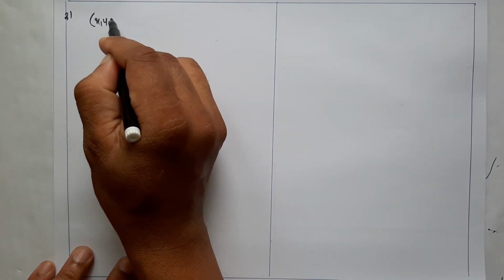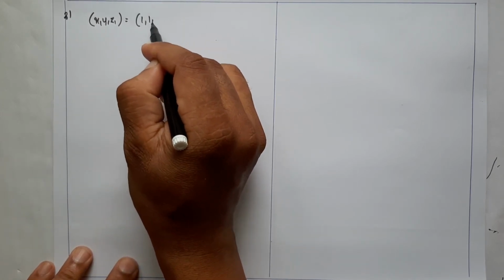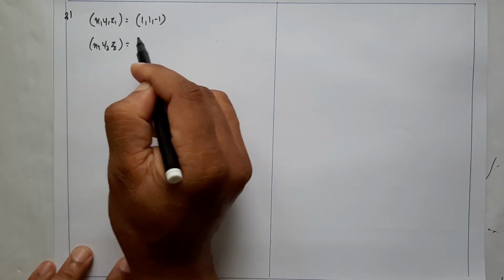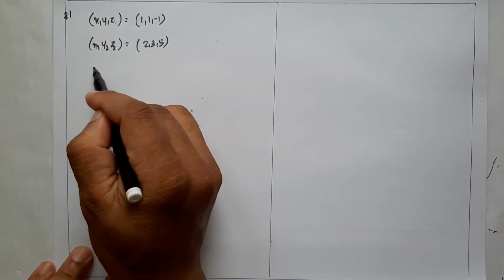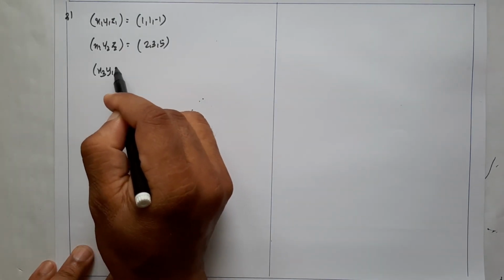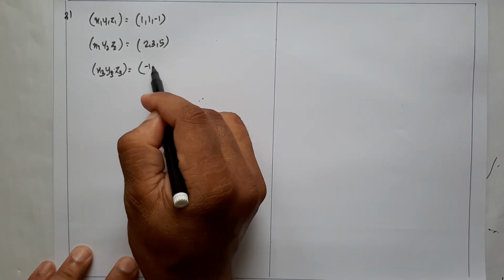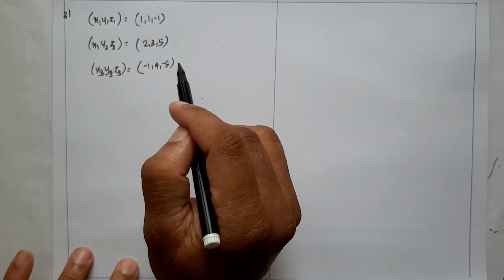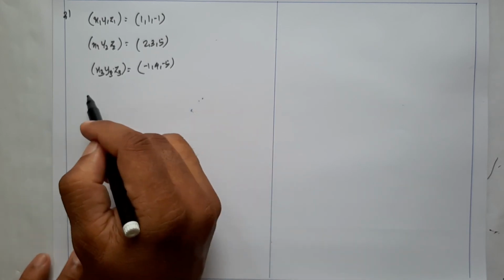That means x1, y1, z1 equal to 1, 1, minus 1, x2, y2, z2 is equal to 2, 3, 5 and x3, y3, z3 is equal to minus 1, 4, minus 5. Equation of plane passing through the points 1, 1, minus 1, 2, 3, 5 and minus 1, 4, minus 5.